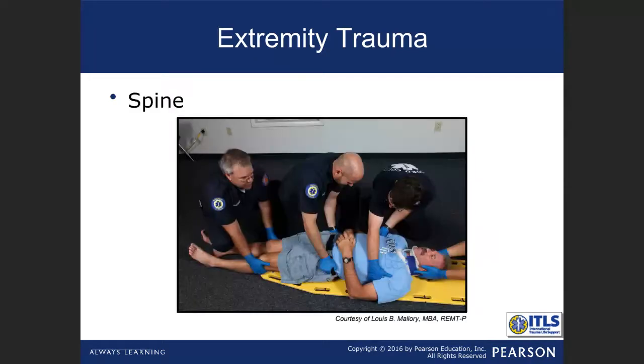Now, in order to effectively place a patient on a scoop or spine board, 4 persons are needed for that task. The person at the head gives the command. Somebody needs to control the upper portion of the body, and the lower portion of the body needs to be controlled. The patient is moved as a unit without the head and neck being shifted significantly.